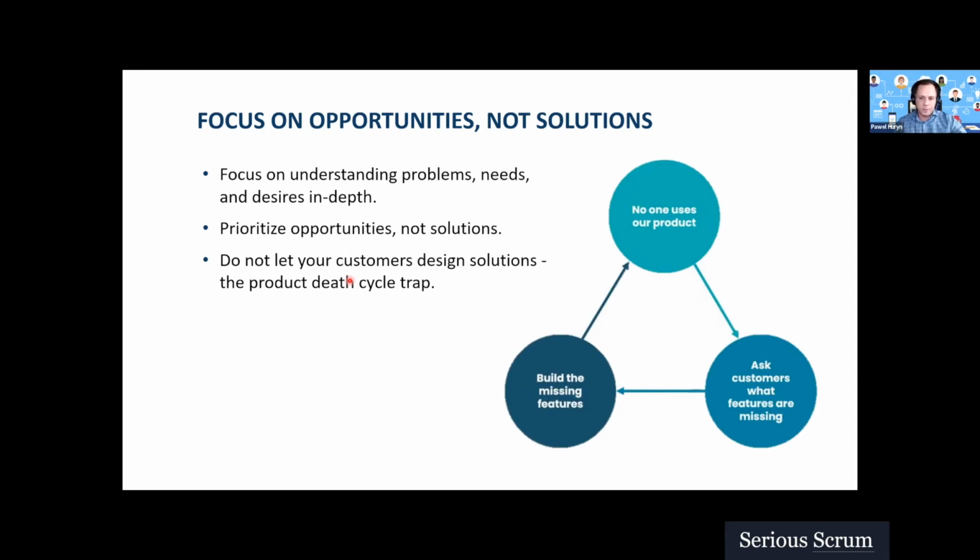A common trap is the death cycle trap. It was first described by David Blunt. It was also reprinted in the build trap by Melissa Perry. So it goes like this: no one uses our product. Then the product manager, who acts as a waiter, goes to the users and asks, hey, what do you want us to implement? They throw some features, some ideas, then the team implements those features.